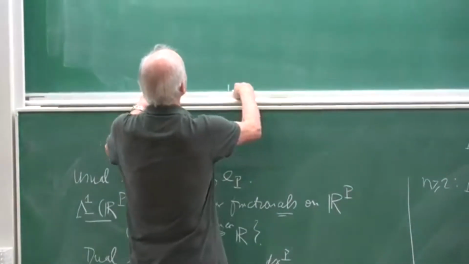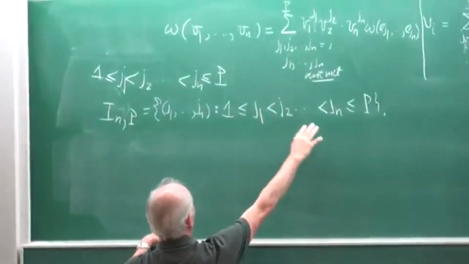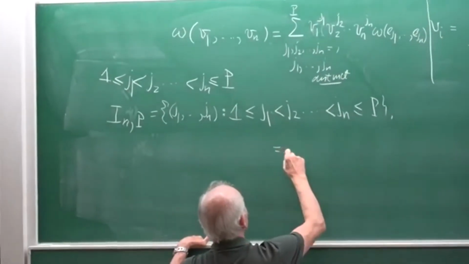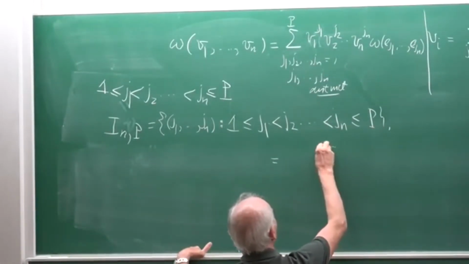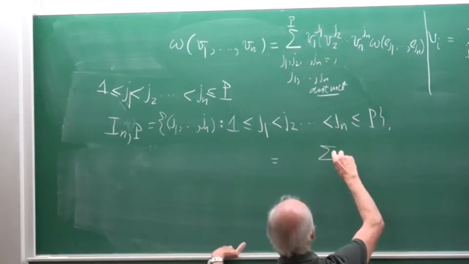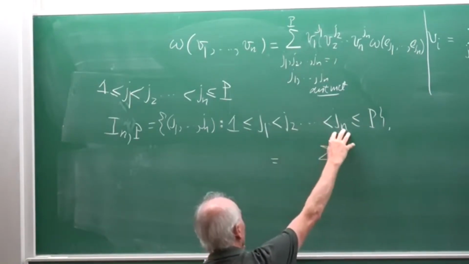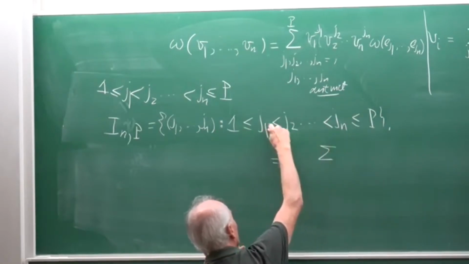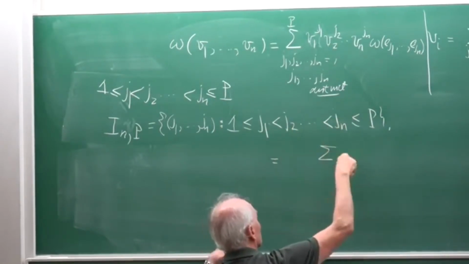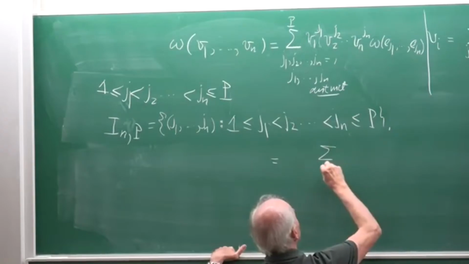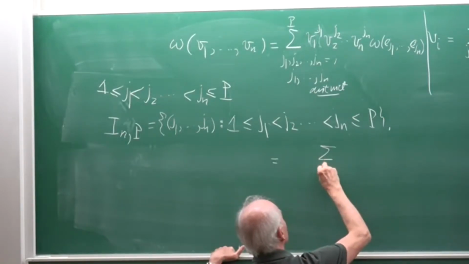a nice way to sum this is, first of all, just to fix one of these. So then we sum, and we choose one of these first. Then we permute the indices, that's n factorial terms. So we take the sum over all permutations sigma.